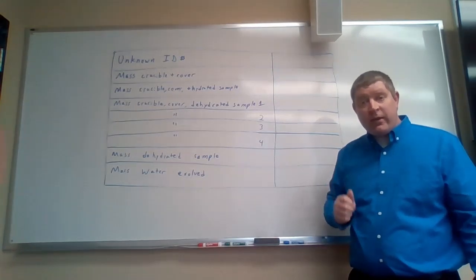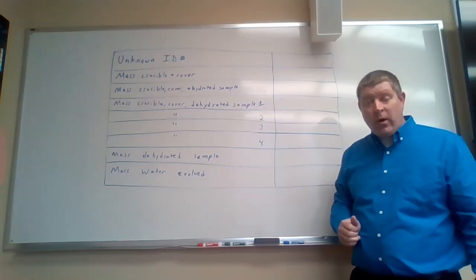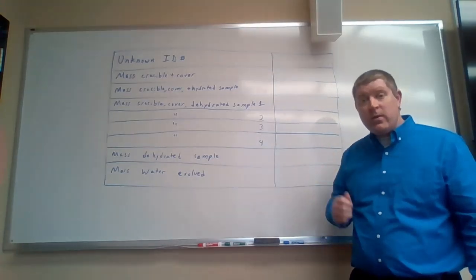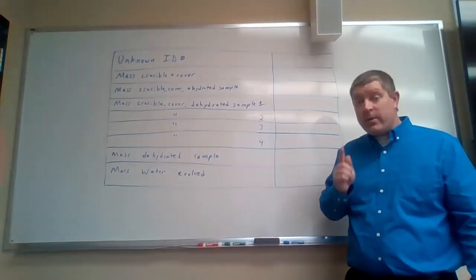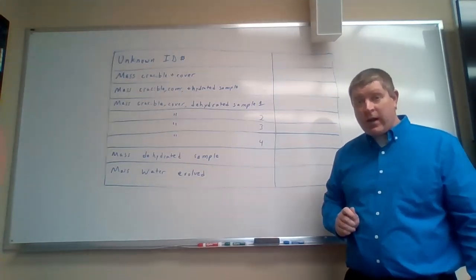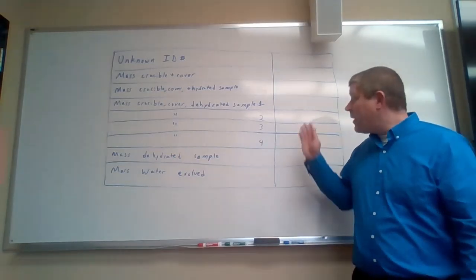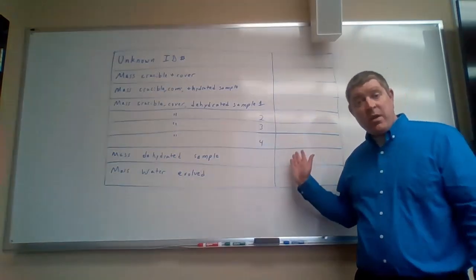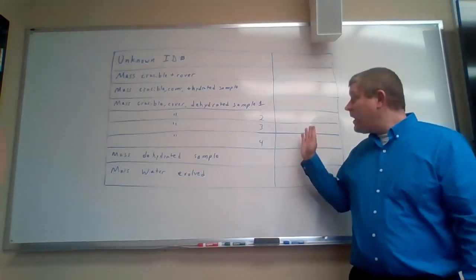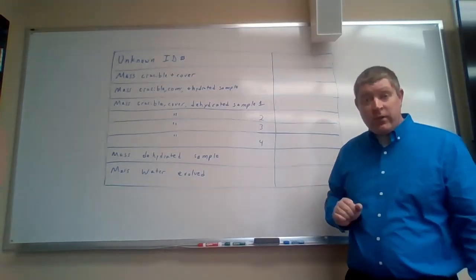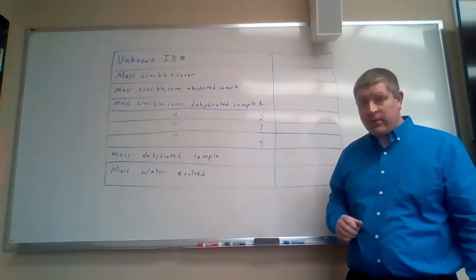However, if the mass continues to drop, then it's clear that you didn't drive out all the water that first time and you need to continue heating. You may need to heat to a slightly higher temperature, although again, you don't want to heat too hot or you can decompose your sample. So after some number of weighings, it may be 4, it may be fewer than that, it may be more than 4, you will have some data that agrees with previous trials, with previous weighings.